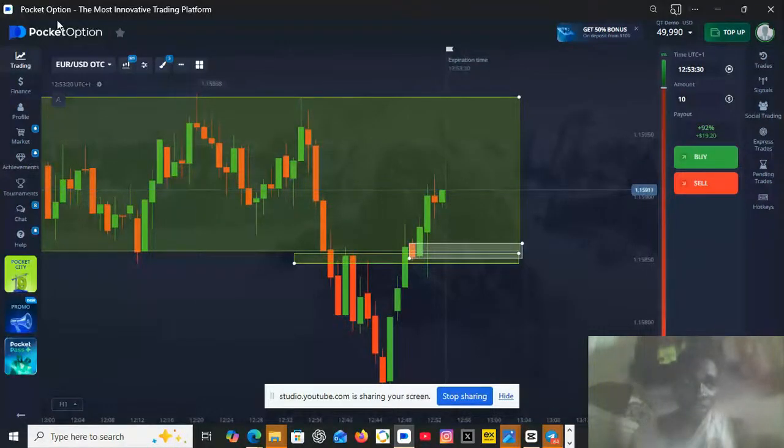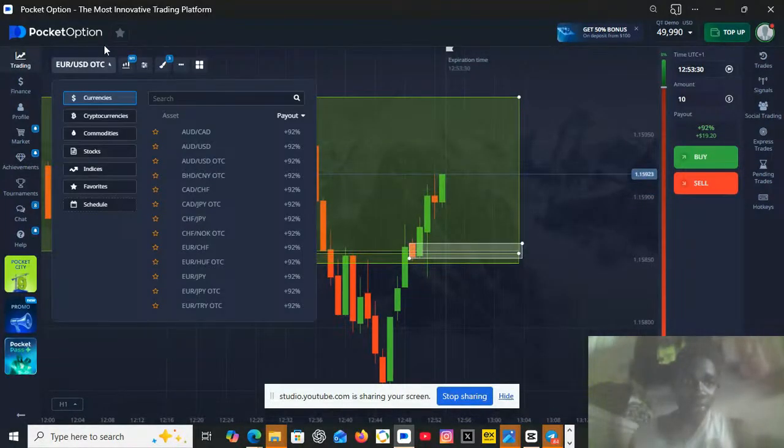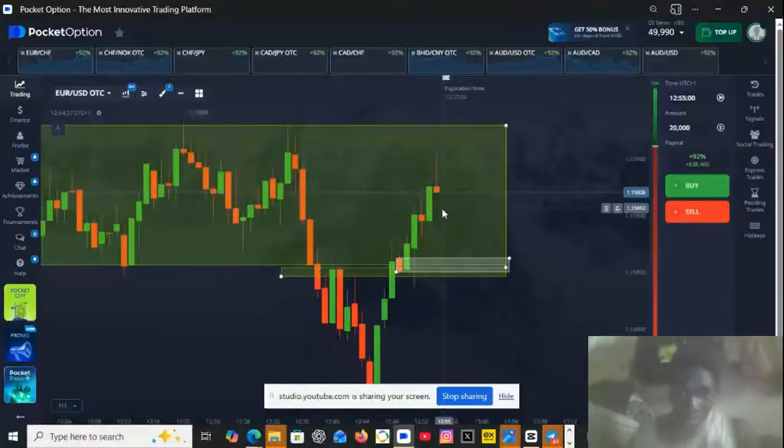So let me go and add multiple pairs here at the upside, looking at them one after the other. I'll buy if it comes to this demand here.